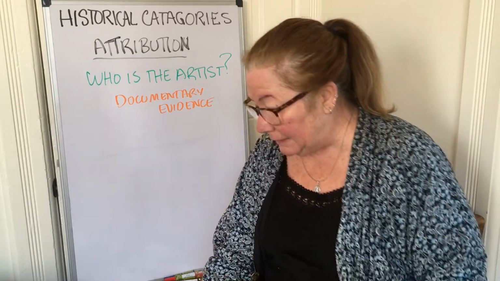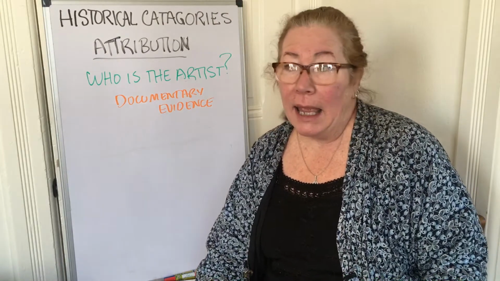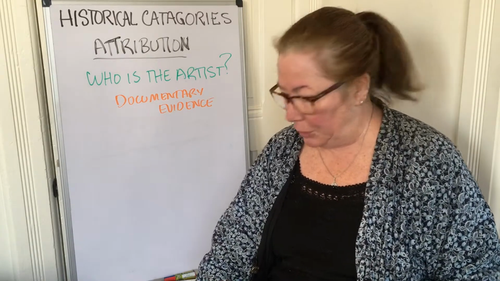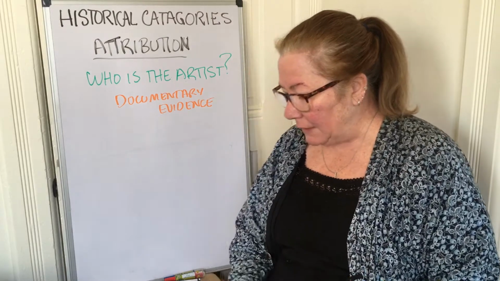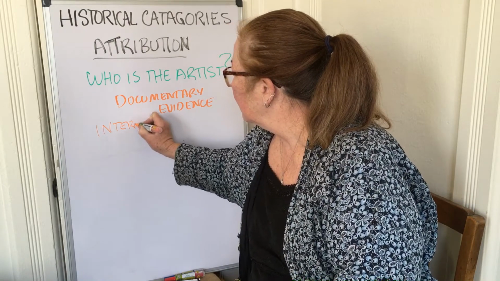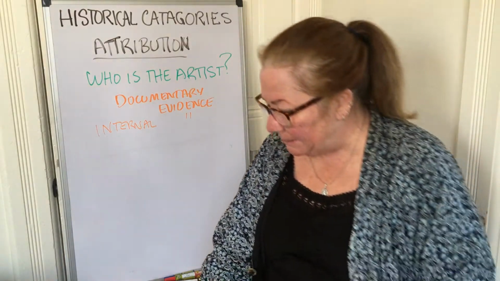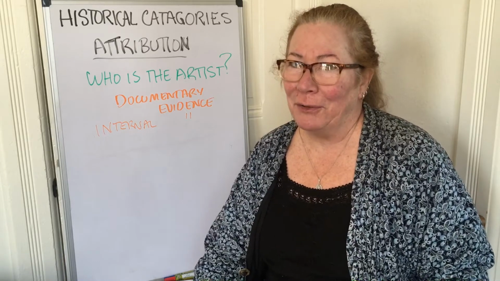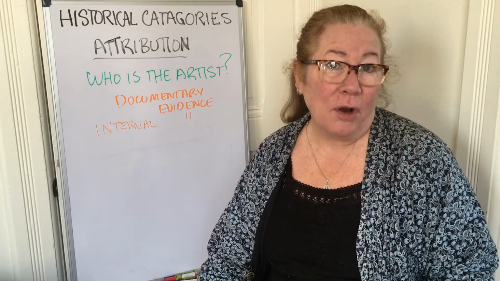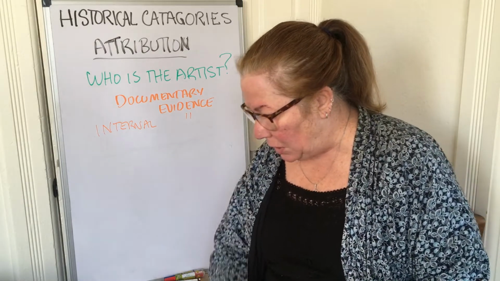Well, it's things such as signatures, how the artist signed his work, dates, and maybe even an artist's notebook that says, hey, I painted this painting, or I sculpted this particular sculpture, right? Then there is what we call internal evidence, which is materials, style, and iconography, and comparison to other artworks created in the same area.